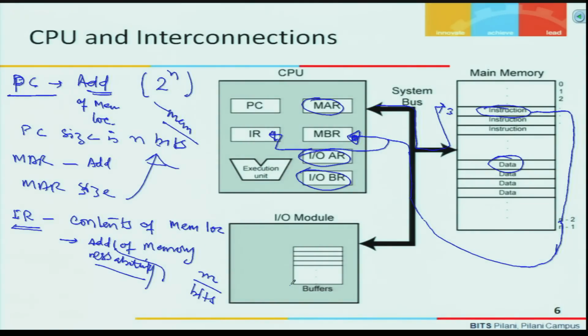The data which is read physically from the device will be stored in the corresponding buffer of that device, and from that buffer the processor can read it. Each device has buffers, and each device is identified with a unique address. So let us say I have 16 devices, and each device requires one buffer.